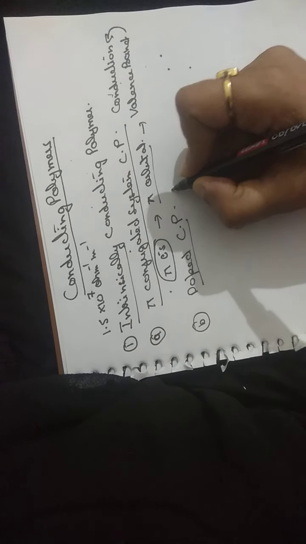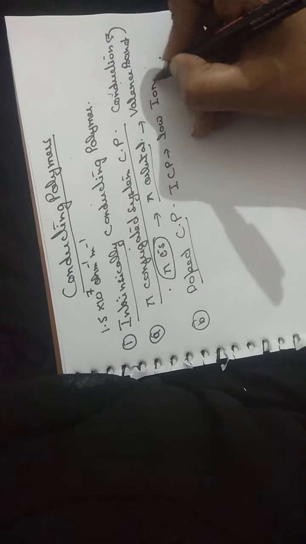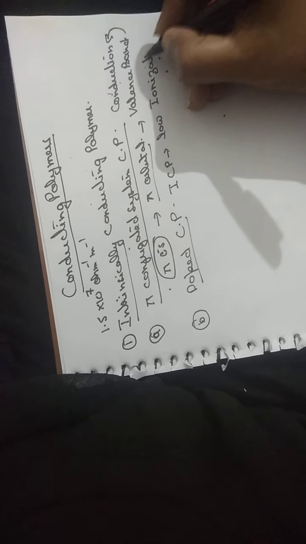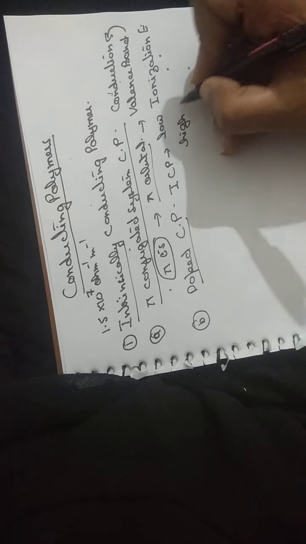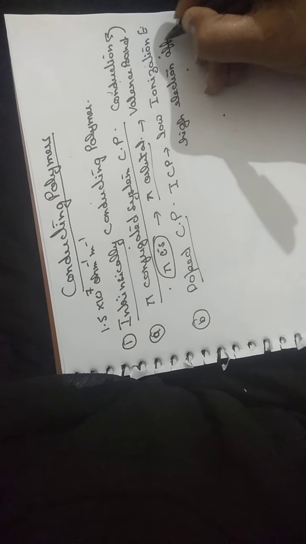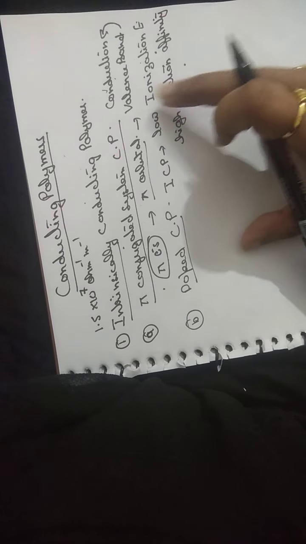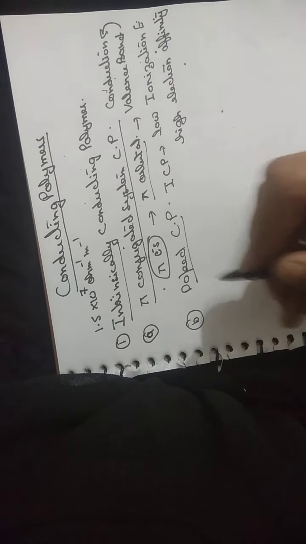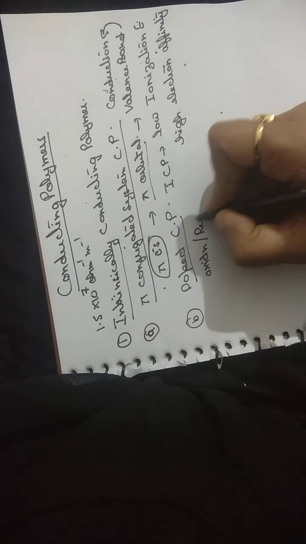To explain the doped conducting polymer, we say that intrinsically conducting polymers have low ionization energy and high electron affinity. Because of these two properties, they can easily undergo oxidation or reduction.